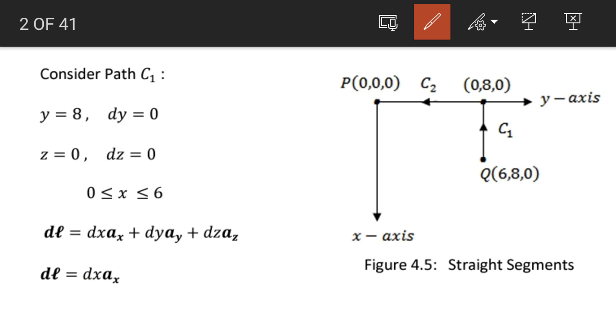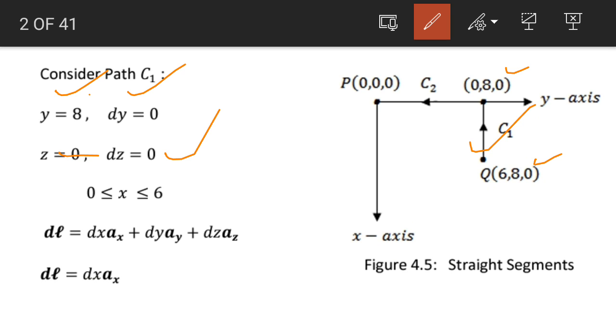If you consider the path C1, y along this path is constant, which is 8. So definitely dy will be equal to 0. Similarly, z along this path is 0, so dz will be equal to 0.